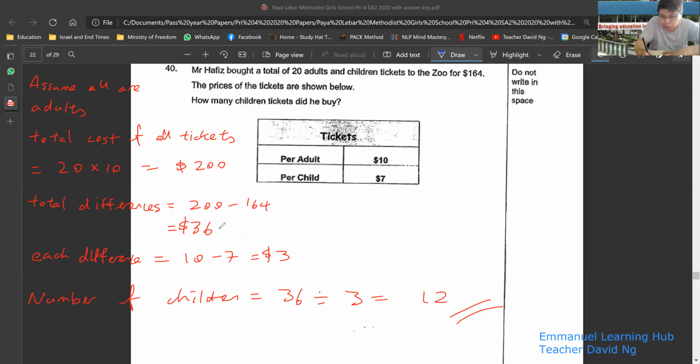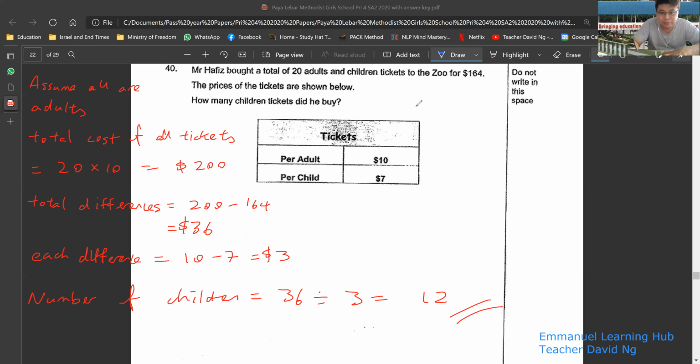So you need to see how many children are there in the group by dividing it by each difference. Each difference is 10 minus 7, which means the difference between an adult and a child ticket. Because this is the total difference of all the tickets. Understand? There's a difference because in reality there are children. So you know there are 12 children.